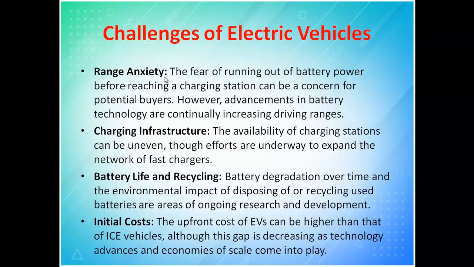Then battery life and recycling. You should charge your vehicle only when the battery is less than 10%. You should not put your battery on charge when it is at 80, 70 or 60%, because the life cycle of the battery is fixed.